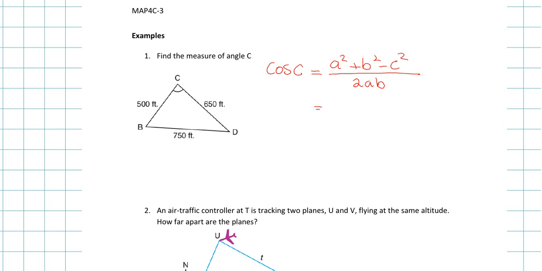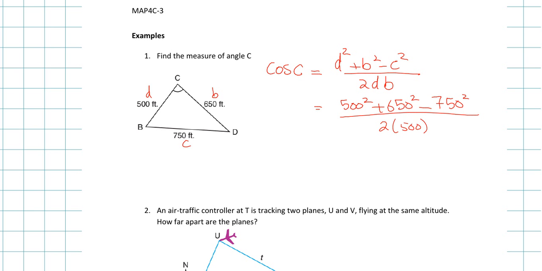This is side D, this is side B, this is side C. So instead of A, we're going to use D. That's going to be 500 squared plus 650 squared minus 750 squared, all over 2 times 500 times 650.